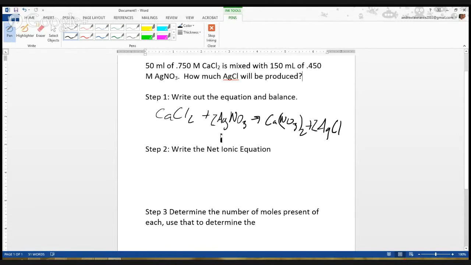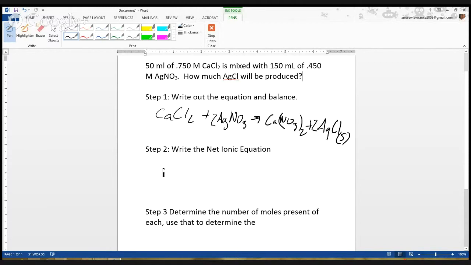All right, now from this I need to make a net ionic equation. So my net ionic equation is going to be the things I need to focus on. In this case, it tells me that I'm making silver chloride. And why am I making this? Because silver chloride forms a solid from this reaction.